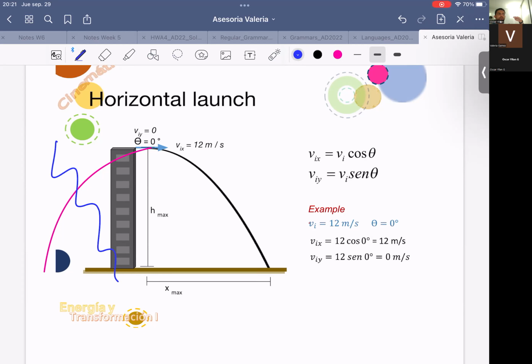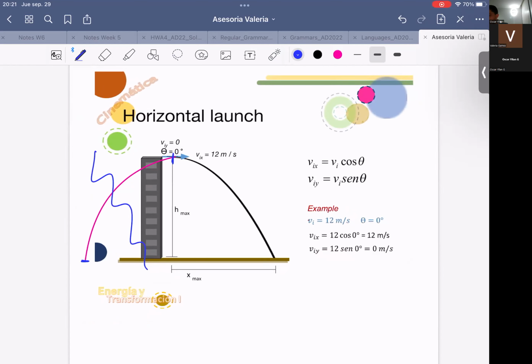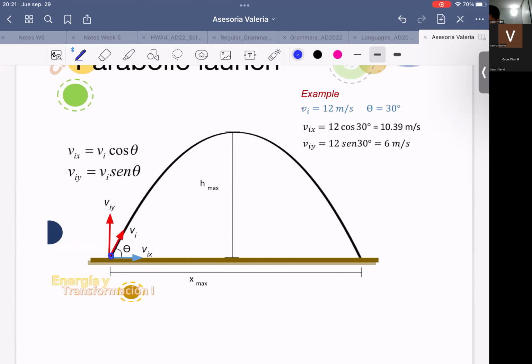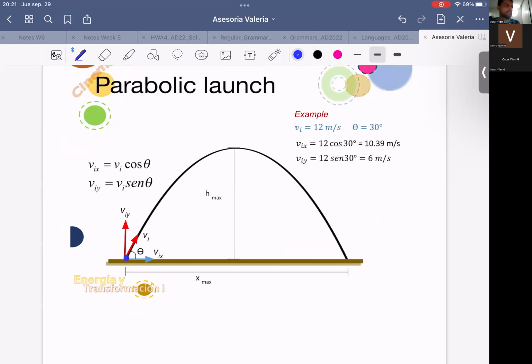When we are talking about horizontal launch, we start from here, we don't start from here. That's why we just take half of the parabola. When we are talking about parabolic launch, we start from here, so we are going to take both parts of the parabola, the whole parabola. Basically, it's because of that. So only in parabolic launches, you double the time.